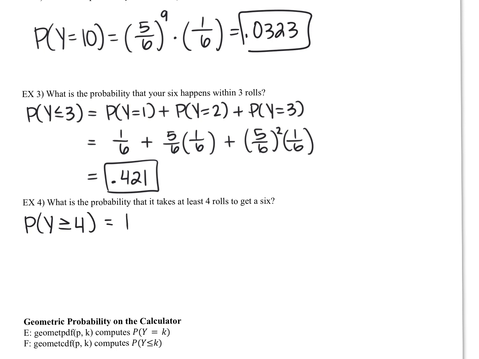So I have to change it to 1 minus the probability that it takes less than 4 rolls. I don't have a choice because there's no ending point for greater than or equal to. And we already found that probability, so it's going to be 1 minus 0.421, which is going to be 0.579.